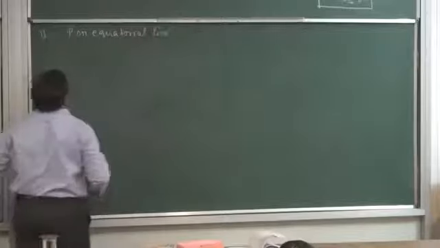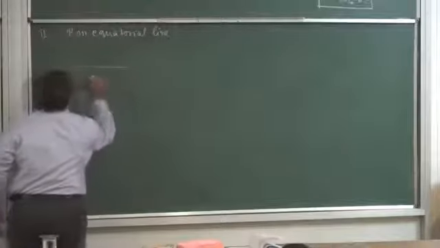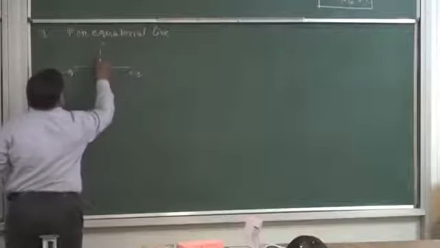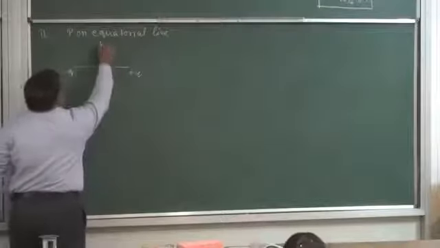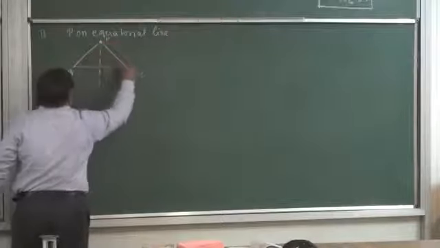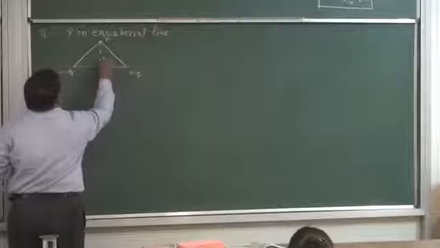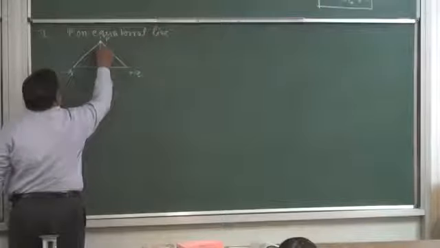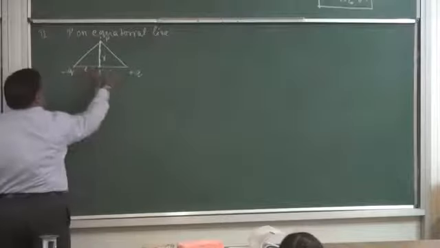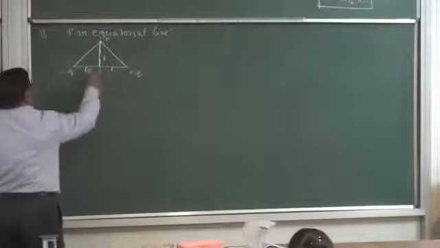P on equatorial line. Here is point P and the distance is r. This distance is r. L, L, 2L. This is the dipole.